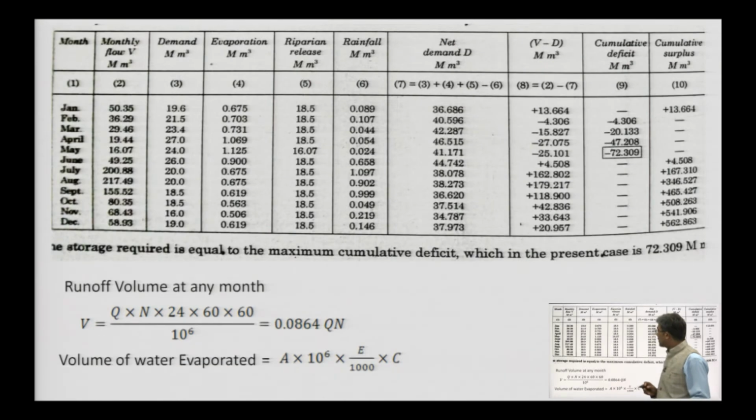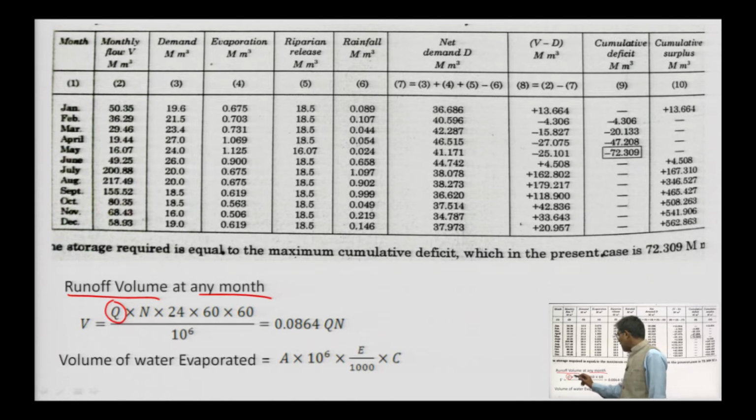So, we need to arrange the data in a table. First of all, we need to calculate the runoff volume for each month, since the discharge is known to us.